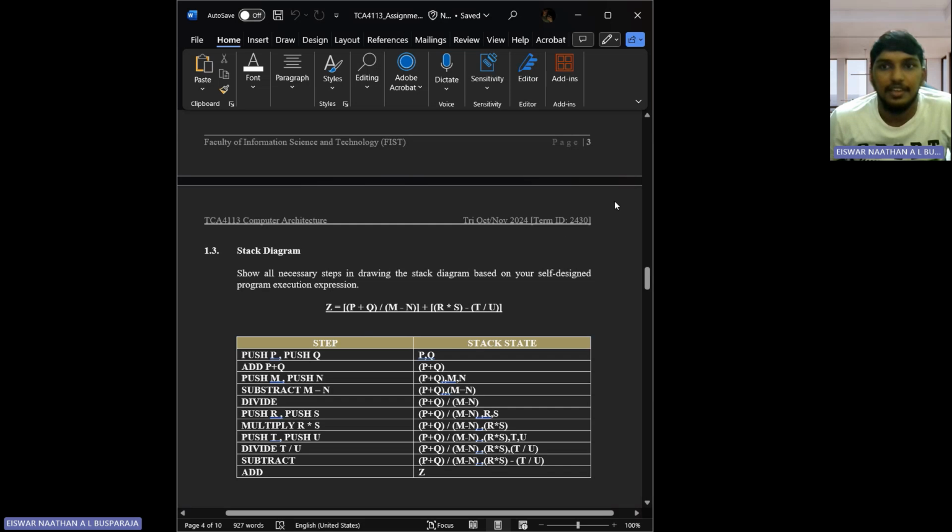Moving on to the stack diagram, which illustrates the step-by-step execution of the expression using a stack structure.